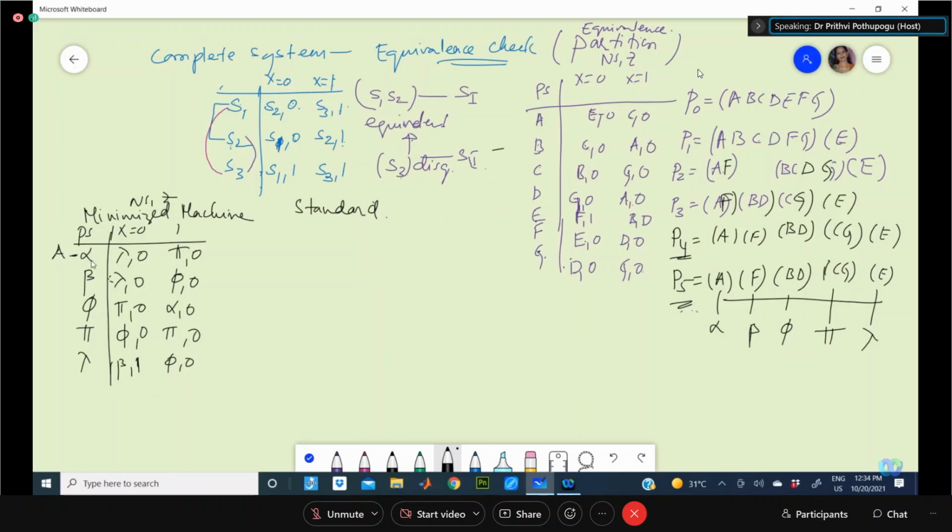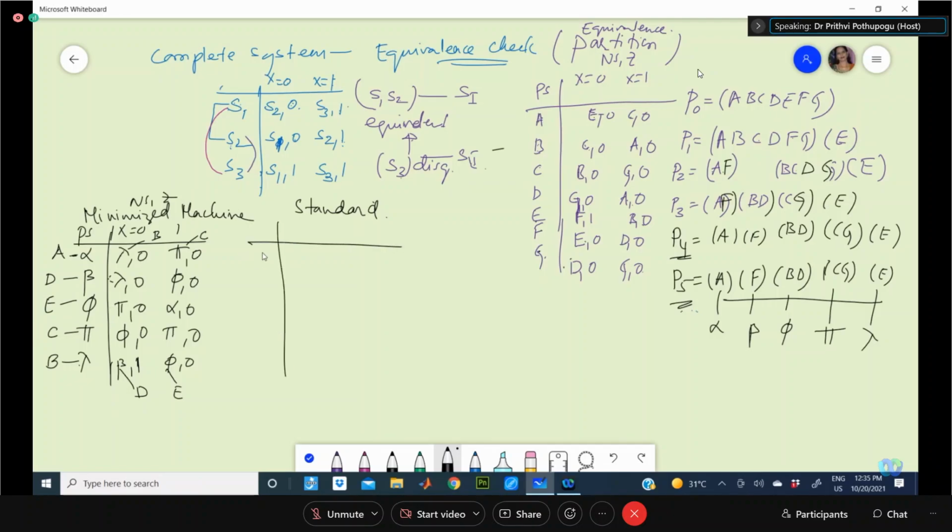So alpha is named as A. This is not named, so we name this as B. The next state, if it is not named, name it in sequence as C. This is B. And this is C. Now B goes to this beta. Beta is not named, so this is D. And this is not named, E. This is D. This is E.